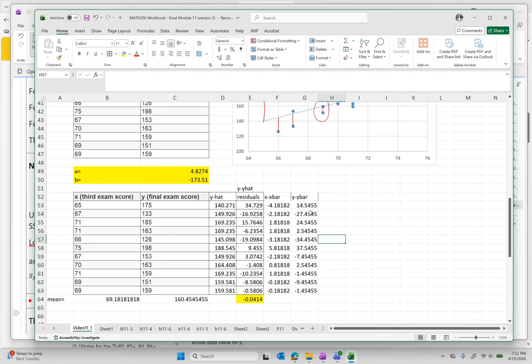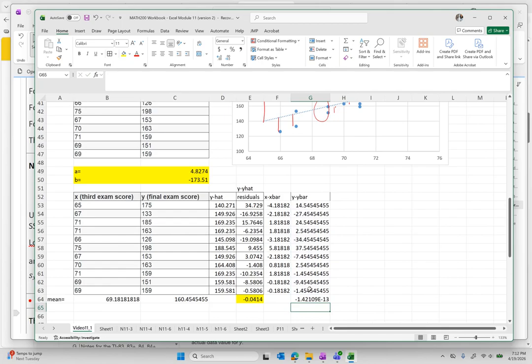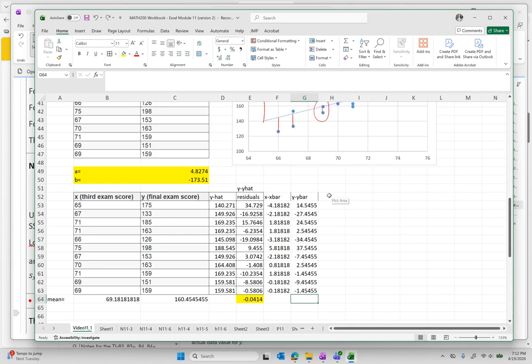And again, if I have done a good job, then the sum of these will be approximately 0. Let's check. It should be exactly 0, but again, unfortunately, Excel has to do some rounding in its memory. And yes, it comes out to be a 1 times 10 to the -13, so that's close enough.